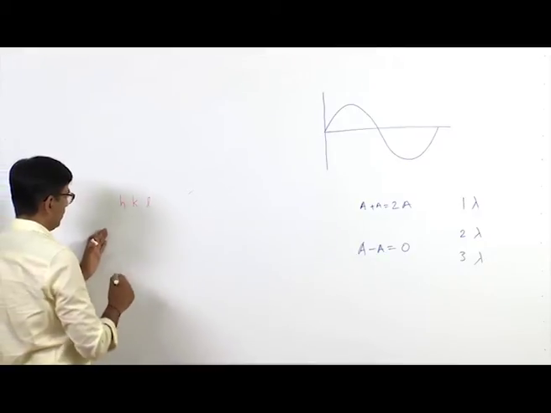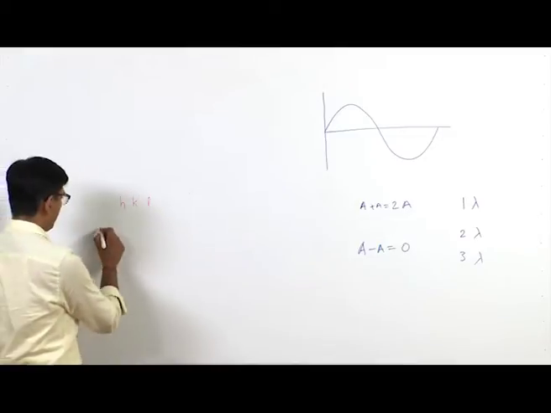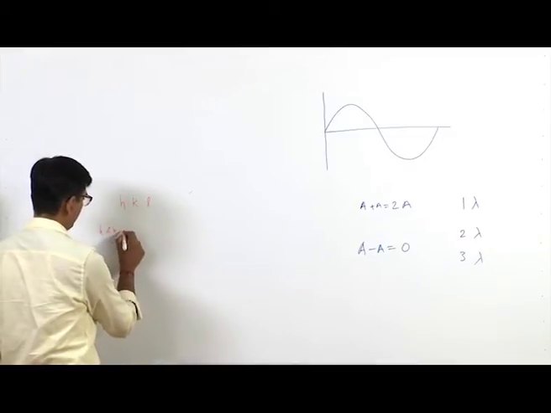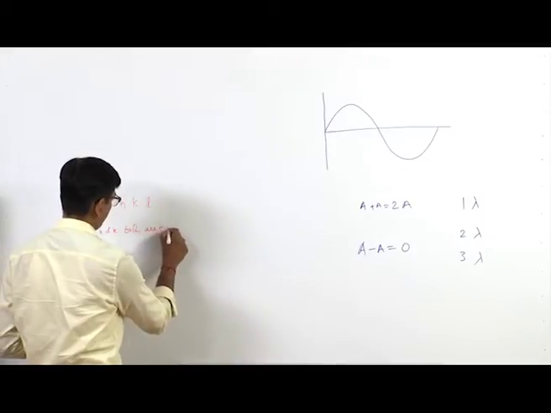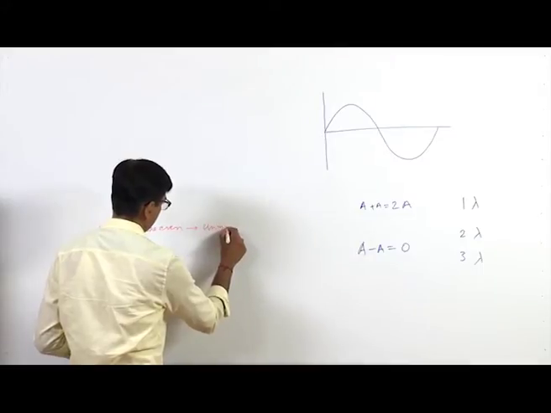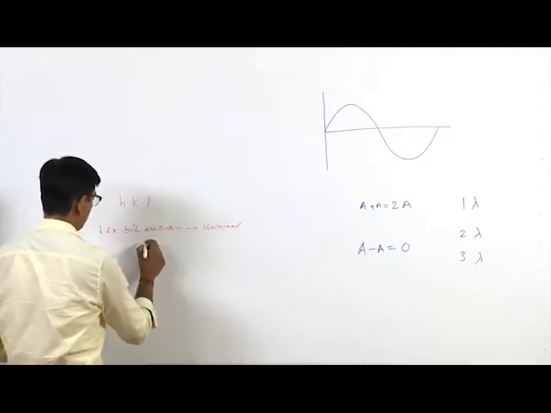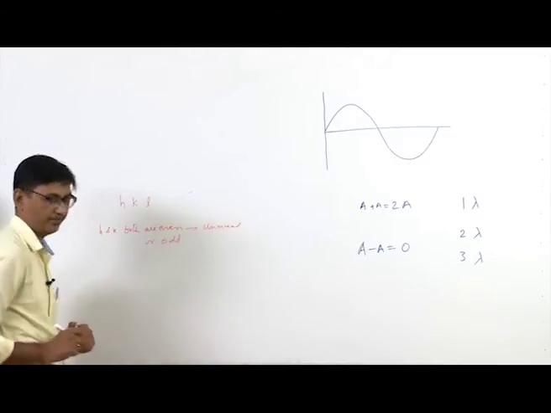Unmixed means, when you talk about the crystal planes, we say HKL planes. If H and K both are even, then this is unmixed. Both even or both odd, in both cases it will be unmixed.